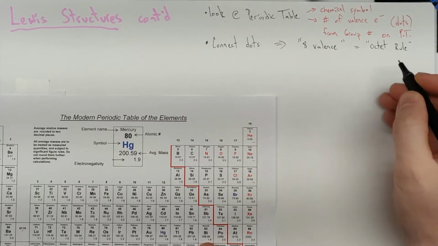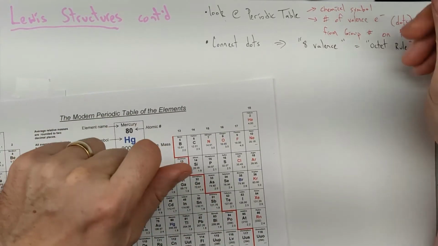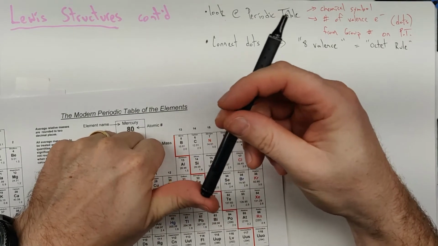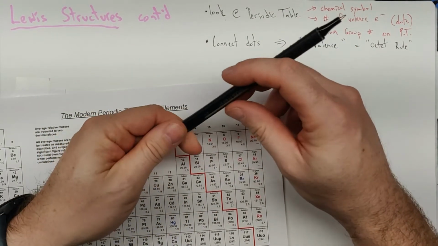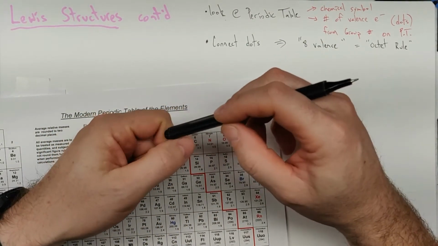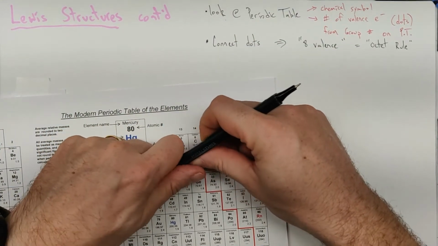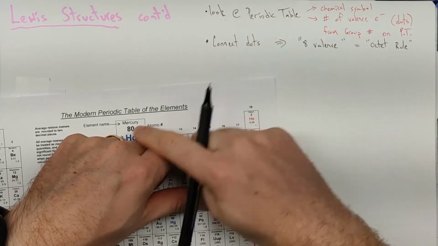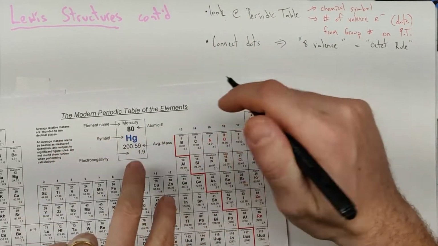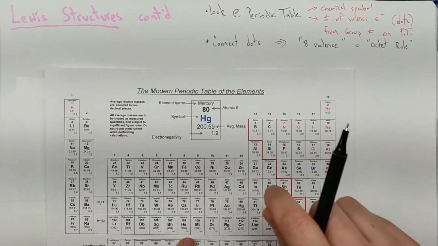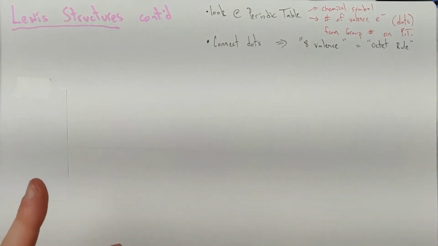And octet, in the big picture, is not just 8. We had discussed in one video that S holds 2, P holds 6. Those are valence sublevels, a total of 8. But some things like hydrogen and helium don't have a P sublevel, so 2 electrons would be a full octet there. These are our skills. You don't have to really know anything about chemistry, other than I can read this, I can count to 8, and then I can connect some dots. And that is the basis for our structures.